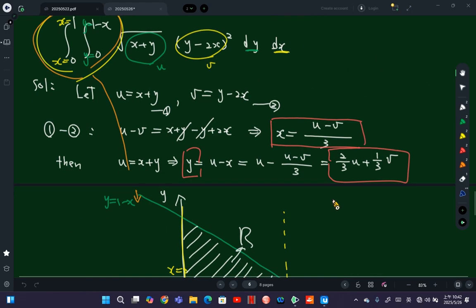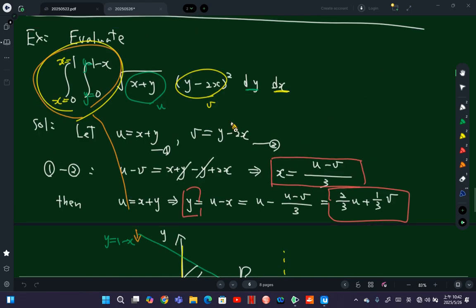Okay, so next I also give you a second example, this one, right? Let's also go through this one very quickly. You can see here is the square root of x plus y, and the second term is y minus 2x squared. This time, the problem didn't tell us the transformation, so you can set up the transformation by yourself.